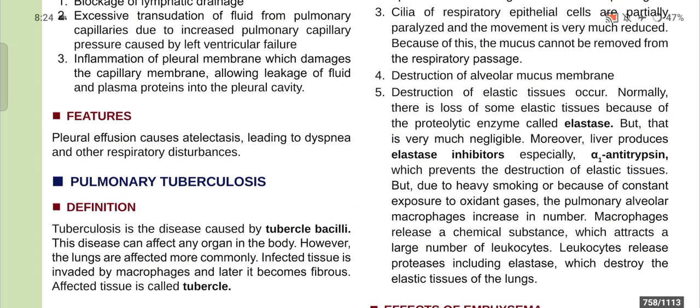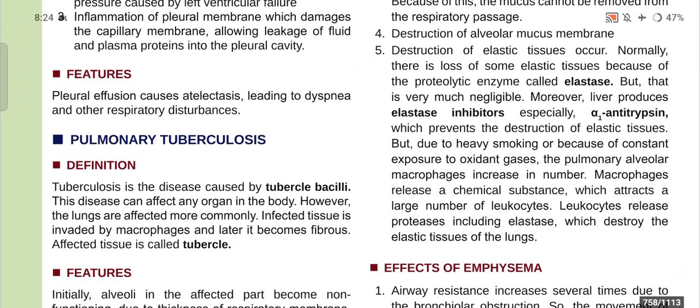Normally there is loss of some elastic tissue because of the proteolytic enzyme called elastase, but that is very much negligible. Moreover, the liver produces an elastase inhibitor, especially alpha-1 antitrypsin, which prevents the destruction of elastic tissue. But in a heavy smoker or a person exposed to oxidant gases, the pulmonary alveolar macrophages increase enormously in number.